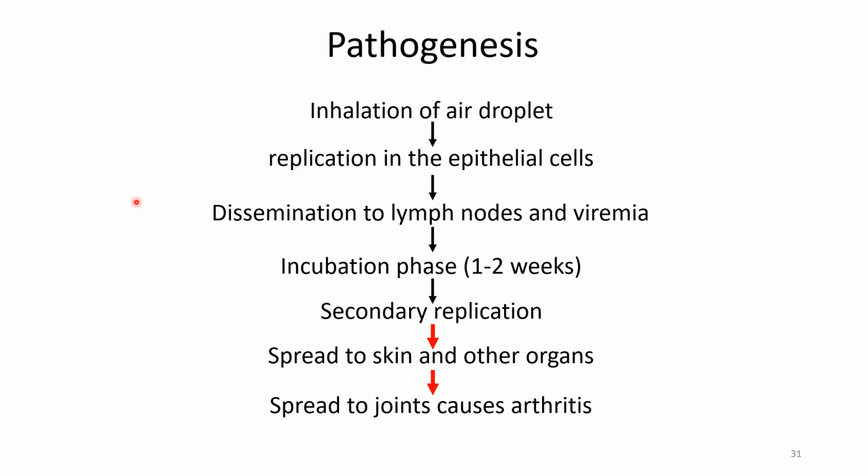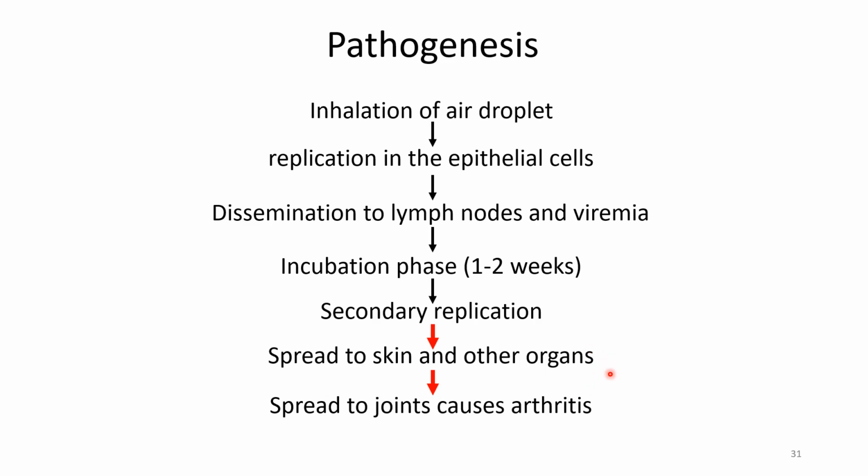Now, the prodromal symptoms are similar to the other rash-causing viruses that we talked about. So the virus can cause fever, malaise, lymphadenopathy, and upper respiratory tract symptoms, and these are called prodromal because they precede the specific symptom, which is the rash.